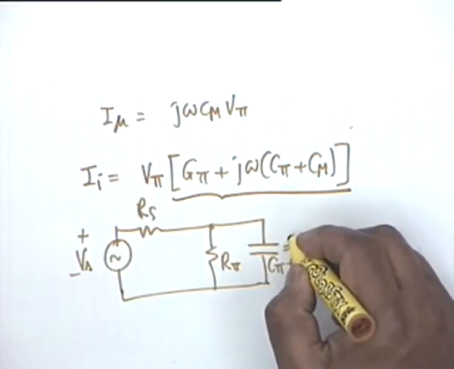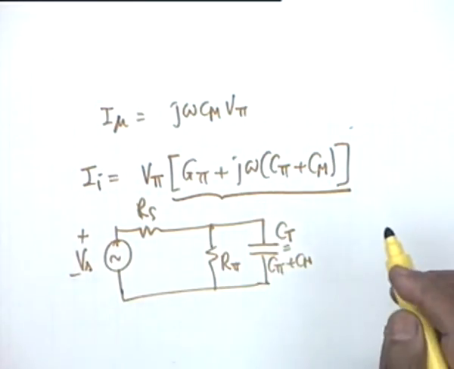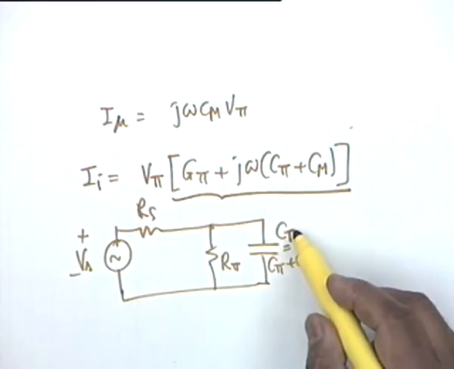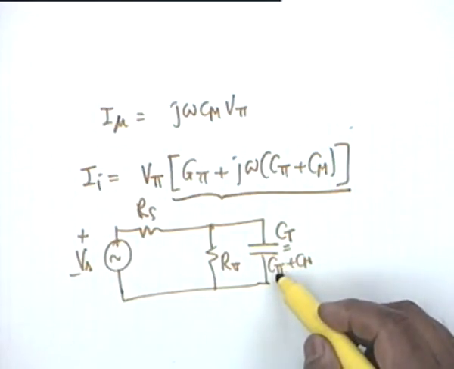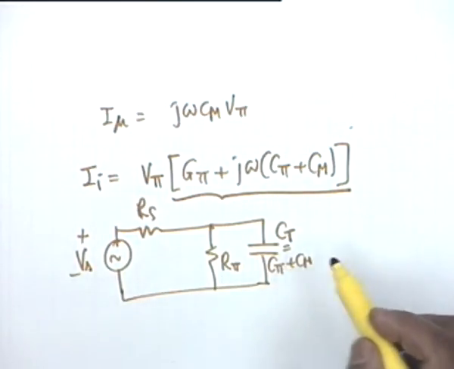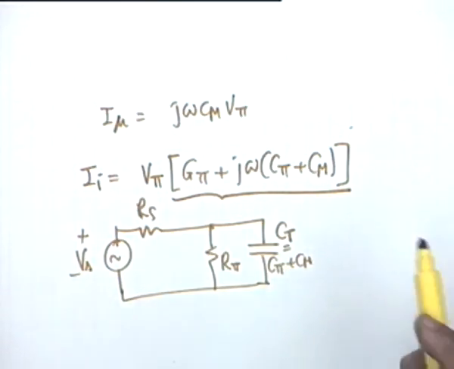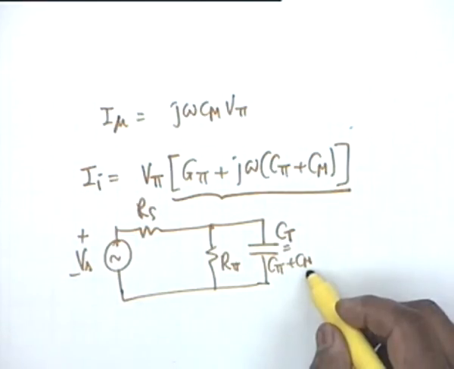This is sometimes denoted by CT, total capacitor. Total capacitor is the base emitter junction capacitor of the BJT plus the Miller capacitor, and this is why the subscript is capital M, the Miller capacitor.